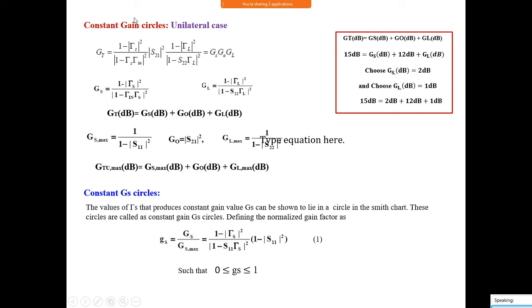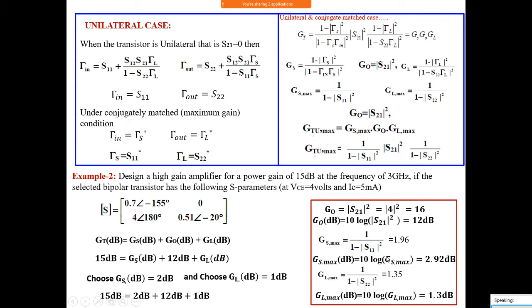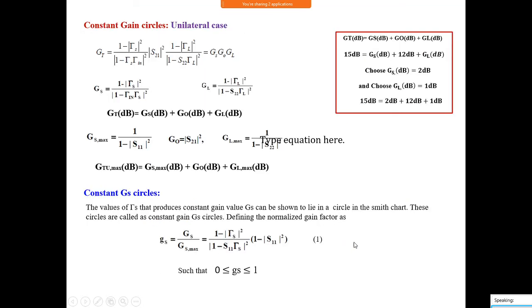GS is this equation. Under the conjugately matched condition, Γin is equal to S11, so that I have substituted. This is the actual gain. What we needed is the maximum gain, GS maximum, which is this equation: 1 by 1 minus S11 magnitude squared.